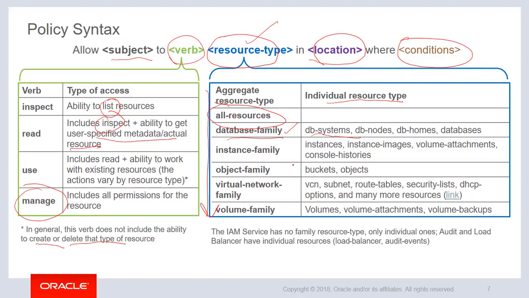And you can see here all the resource families within OCI, whether it's database, compute instances, object storage, virtual cloud network. For each of them you can write a policy at the family level, at the aggregate level, or you could go very granular at the individual resource level. So the whole idea here is we are giving you granular role-based access control.